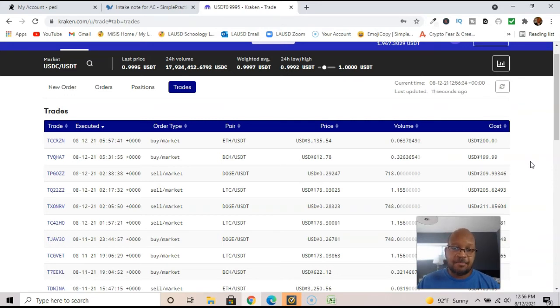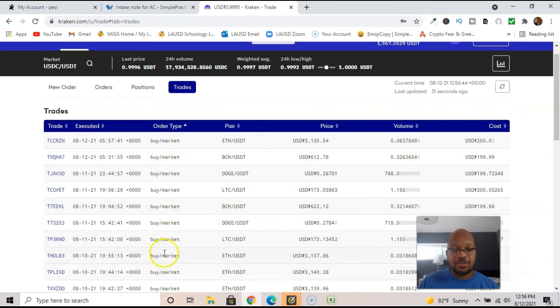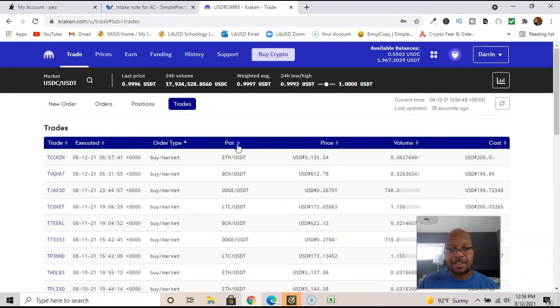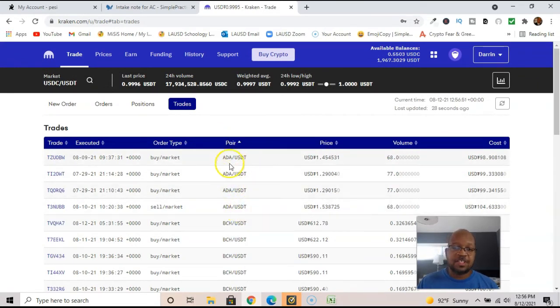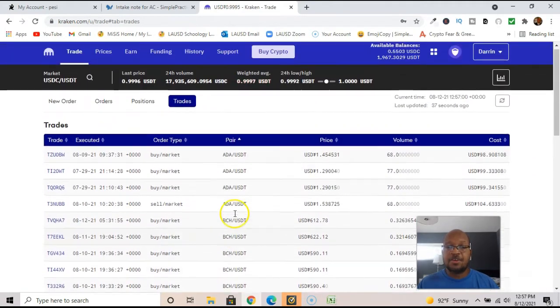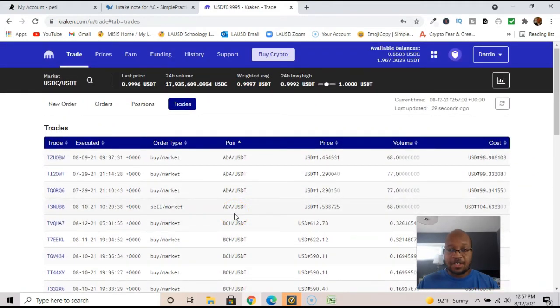Now, an advanced tip: if you're looking for a specific coin or just looking for buy orders, you can manipulate these fields so it shows you buy orders first and then sell orders. Or you can manipulate the pairs field so it shows you specific coins. So if you're looking for ADA, if you click on that, ADA comes first, and it's all in alphabetical order. So that's a quick way to find a specific trade, just manipulate these fields right here.